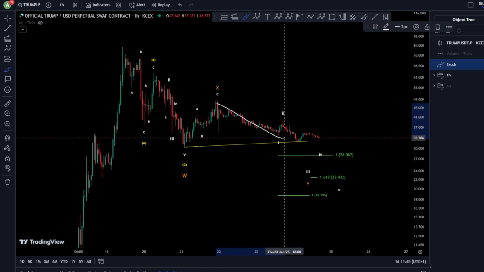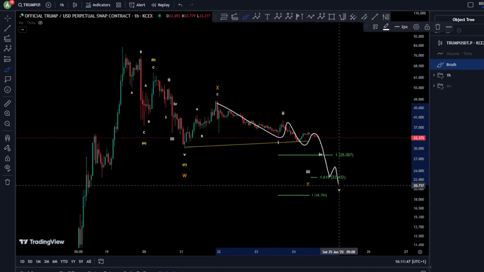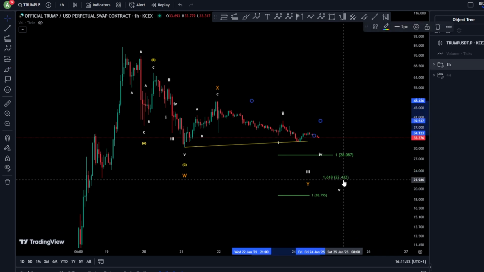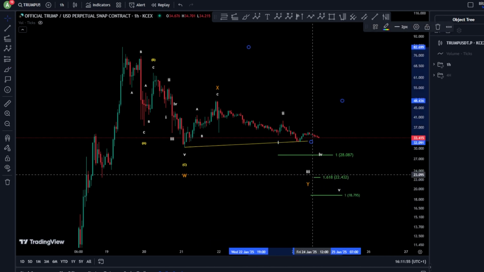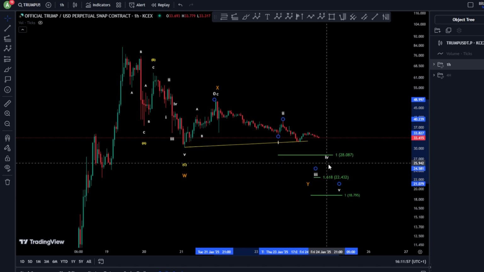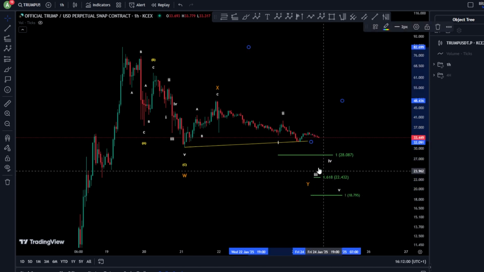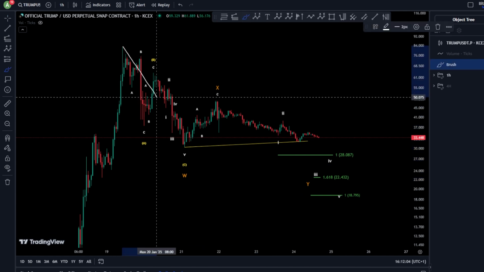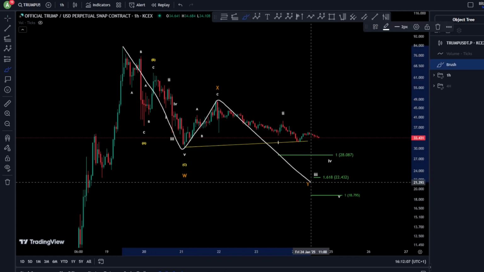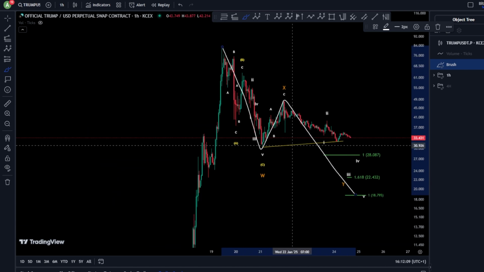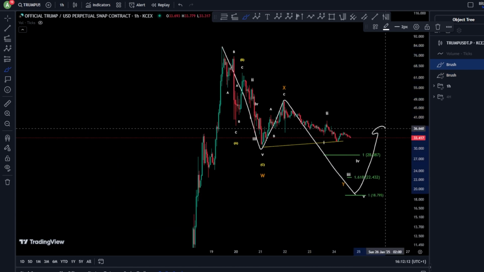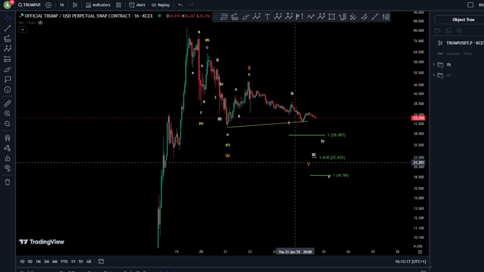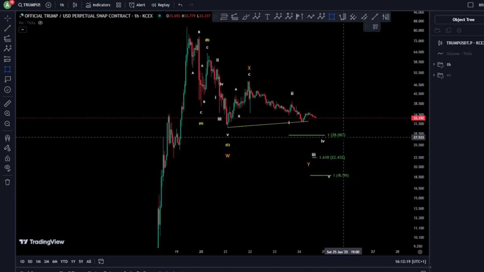Your wave zigzag here can be 1, 2, 3, 4, 5, very deep impulse, reaching the $22.4 for a wave 3, and then of course you still have 4 and a 5, and probably then reaching the 1-to-1 fib level taken from here as a zigzag. So W, X, and a Y, so that it looks like 3 correction waves and then moving toward the upside. Yeah, so these are the fib levels that you need to watch, of course, for this coin, Trump coin.